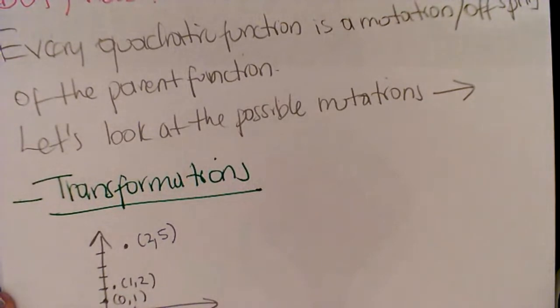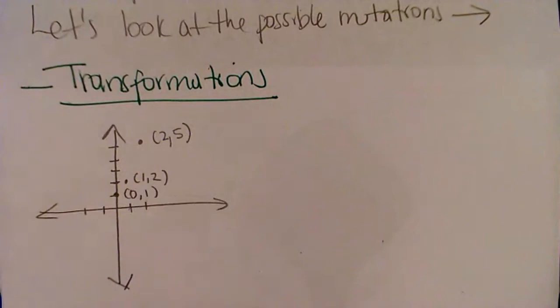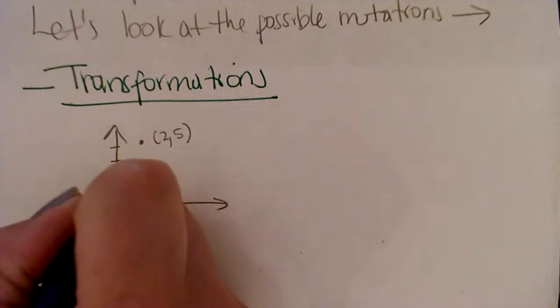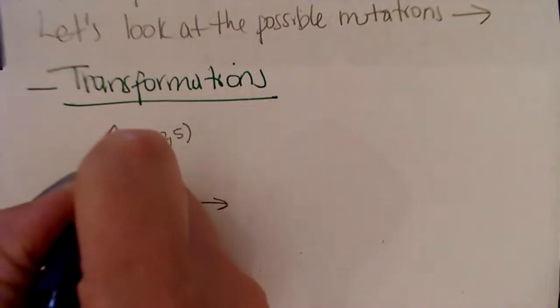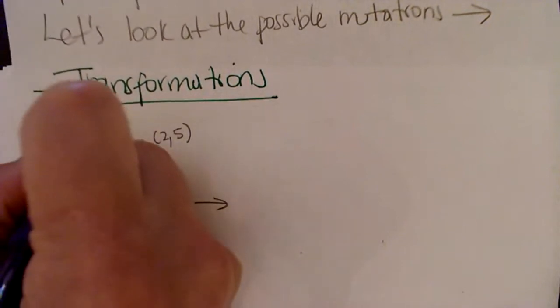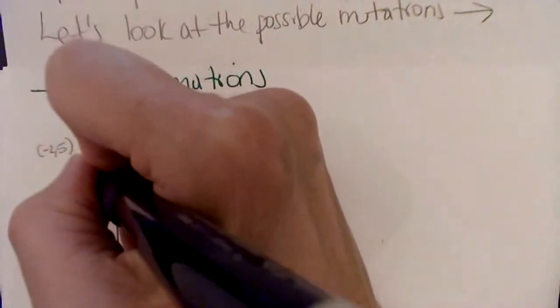And on this side, I have a -1 and a 2, and here I have a -2 and 5. So this is going to go like this.